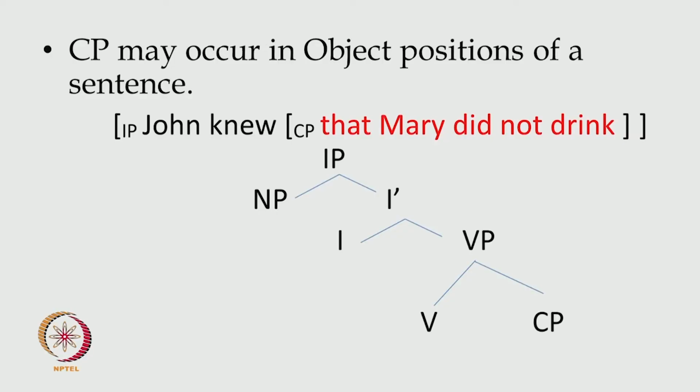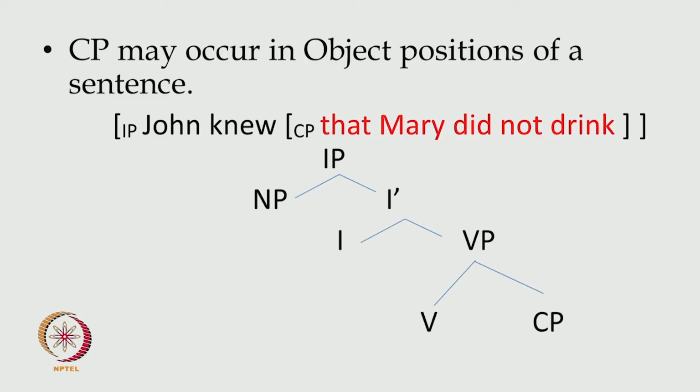Let me first show you a CP in the object position. I think we had talked about that, but let's refresh this. John knew that Mary did not drink. The verb know in the main clause has a complement which is a CP. The whole thing, that Mary did not drink, is a full CP. This clear?